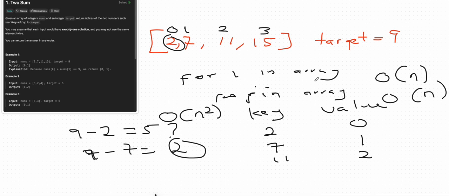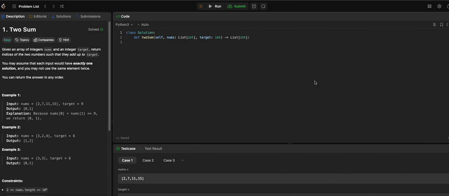So let's see if we can solve it. It's on LeetCode, so let's go to LeetCode. Like I said earlier, this is the two sum array problem. First, we will create a dictionary to store indexes, like this.